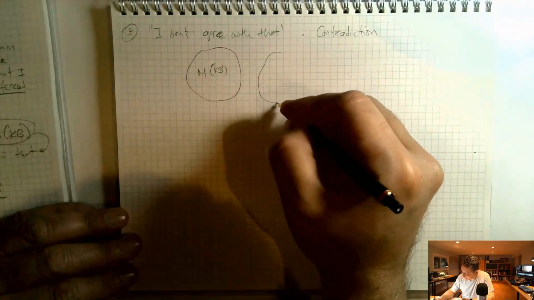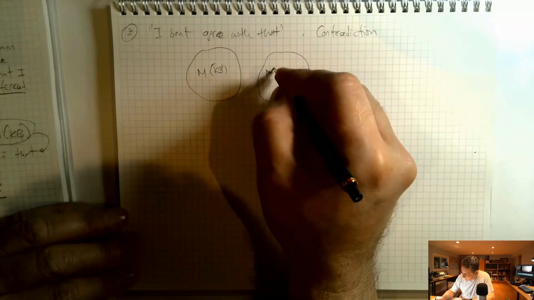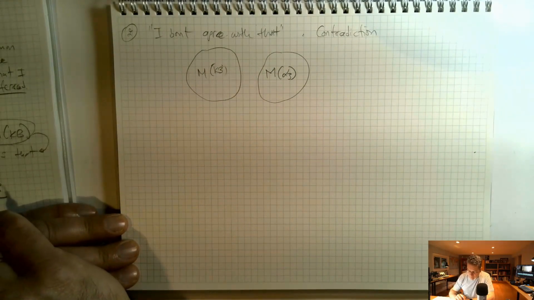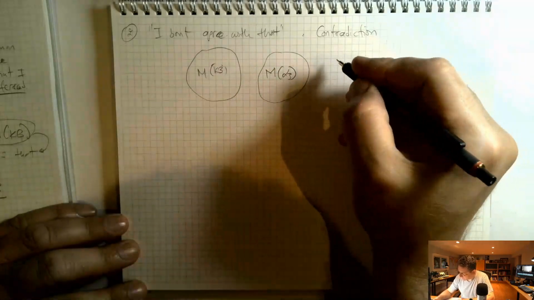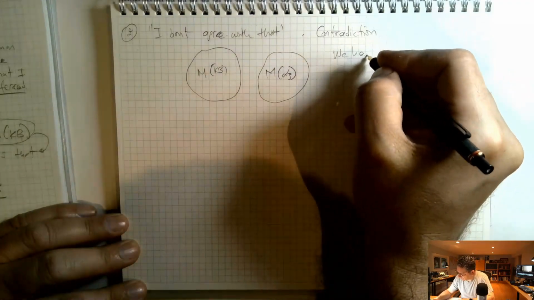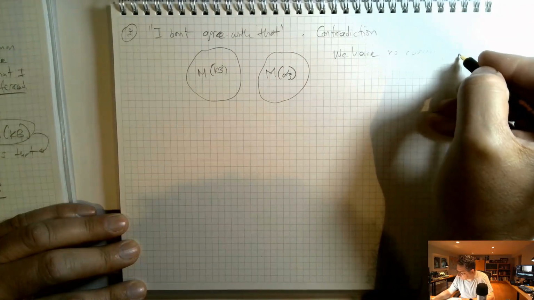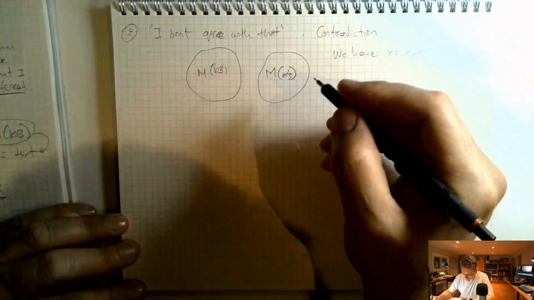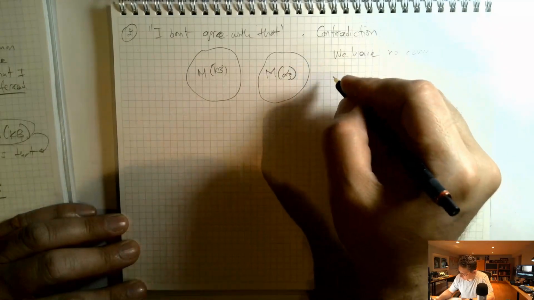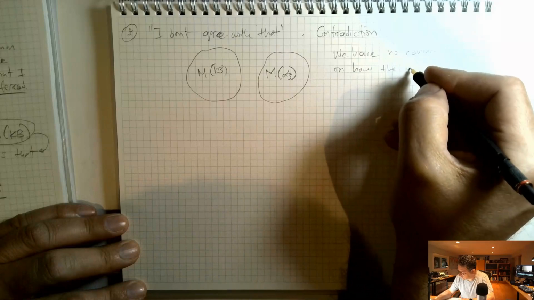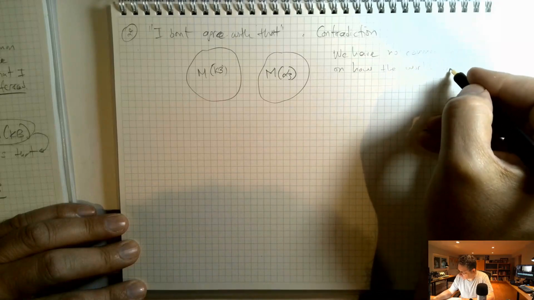And we have a sentence coming in, let's say A3. And as you can see here, we have no common ground on how the world works.